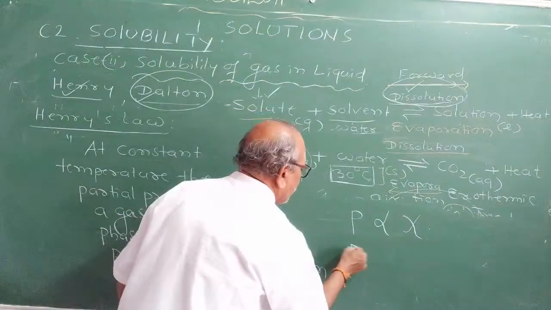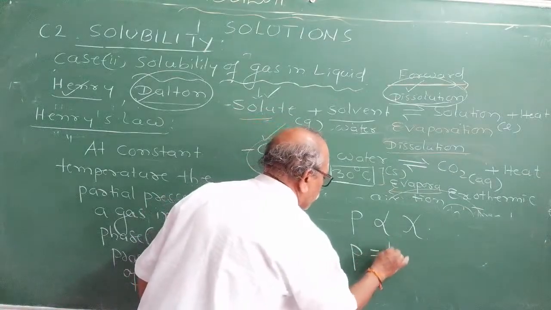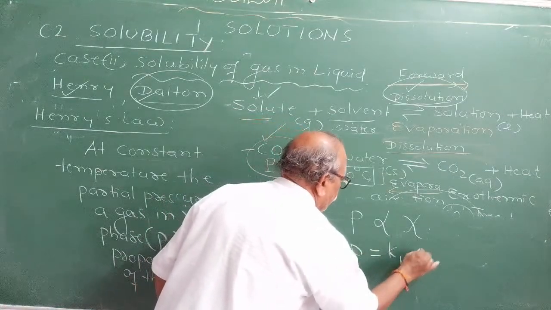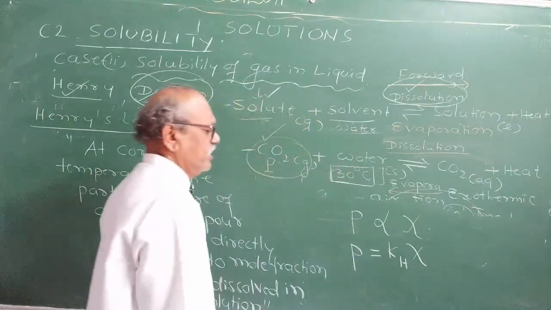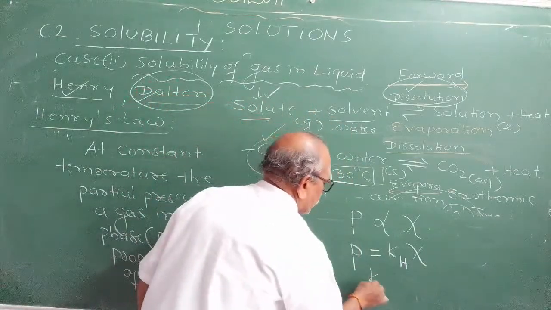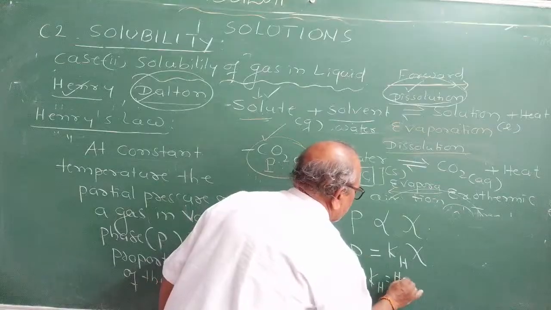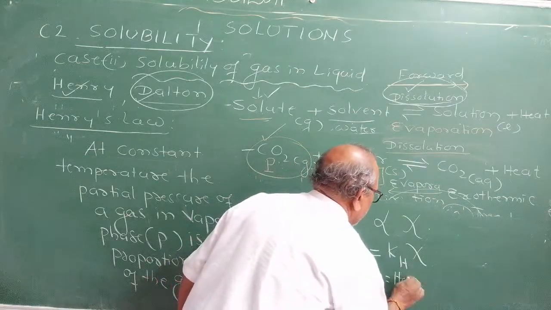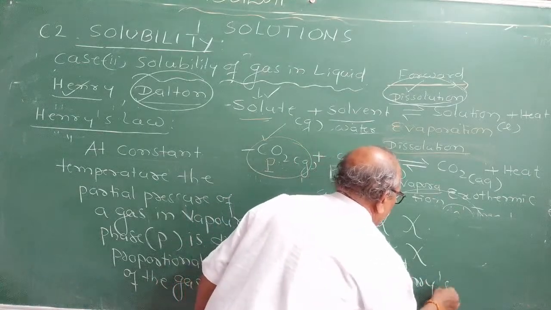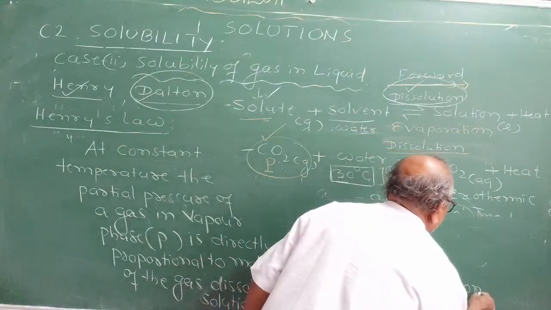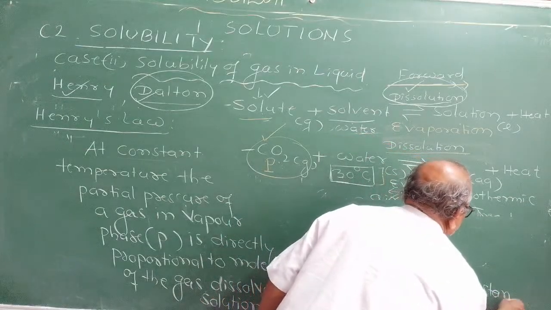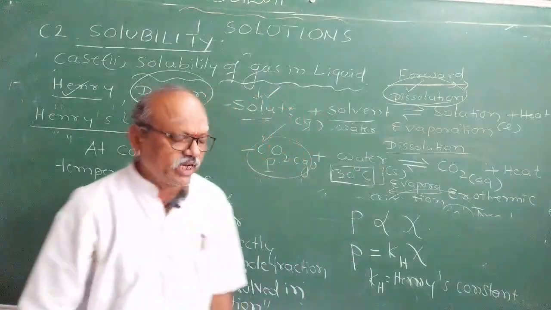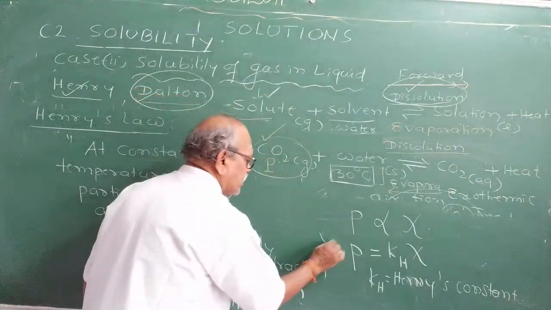When you remove the proportionality sign, you get the KH value, which is called Henry's constant. This Henry's constant depends on different factors. What are the factors on which Henry's constant depends?